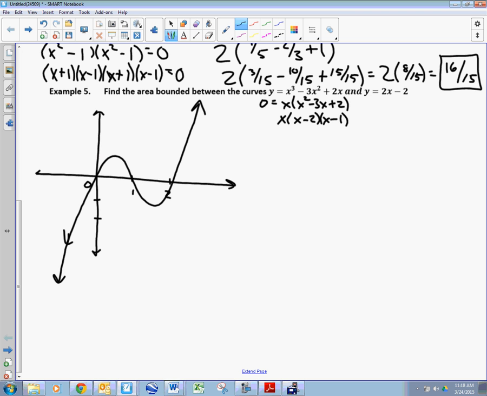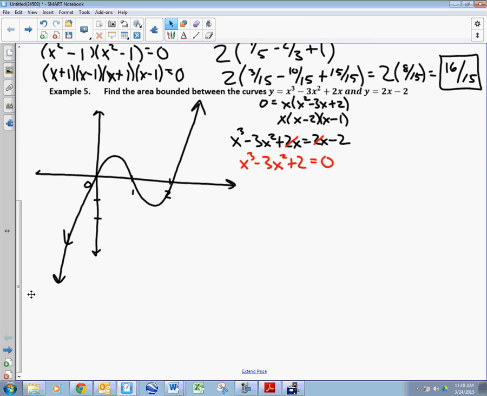So x to the third minus 3x squared plus 2x is equal to 2x minus 2. What happens? Yep, the 2x's go away. x to the third minus 3x squared plus 2 is equal to 0. Does that factor?